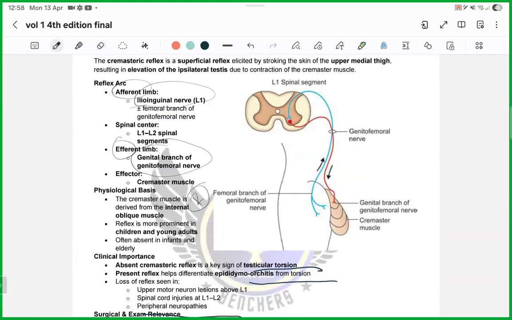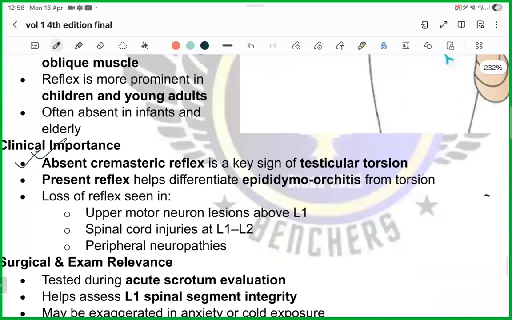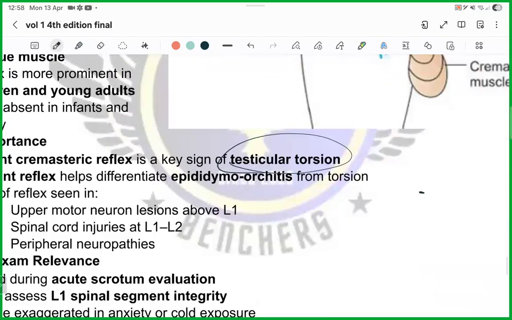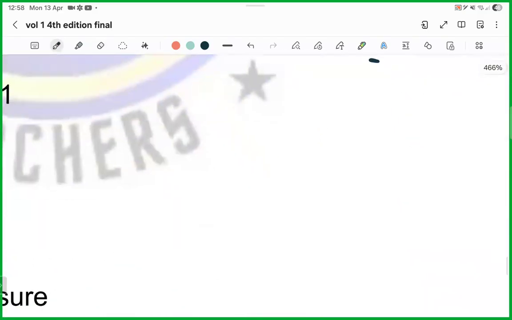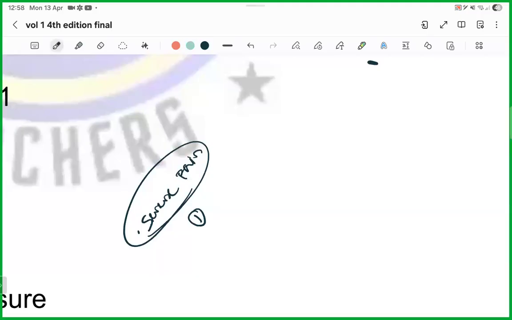Now, the clinical importance is that absence of the cremasteric reflex is a key sign of testicular torsion. Anytime they give you a question with severe pain in the testis, they will give you one or two clues.